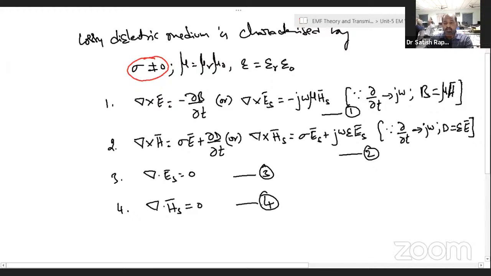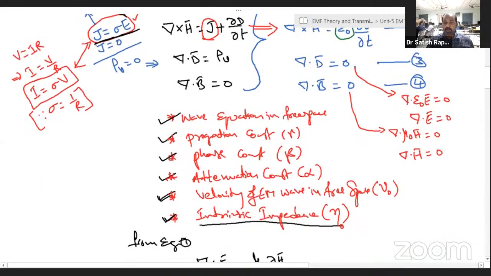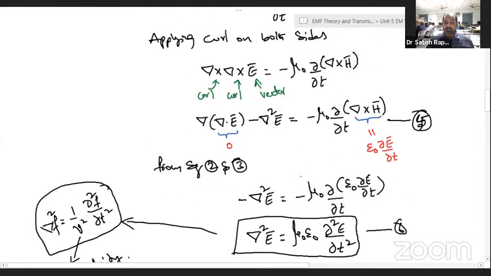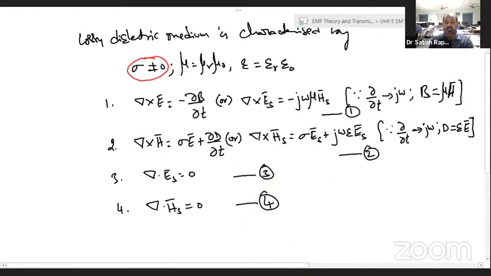Earlier I took the time varying form initially and later, at this point, converted into time harmonic fields. But here, at the starting itself, I am considering time harmonic Maxwell's equations.